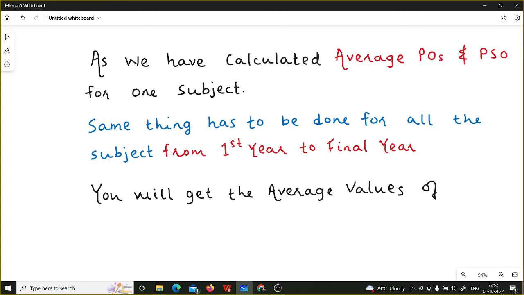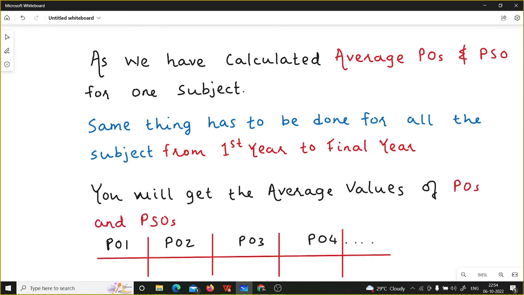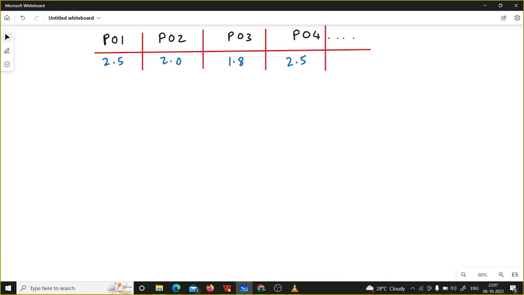So after doing that, you will get the absolute average value of the POs and the PSOs, which is the average value of all the subjects from first year to the final year. After doing CO-PO mapping of all the subjects from first year to final year, this is the final value that we are getting.